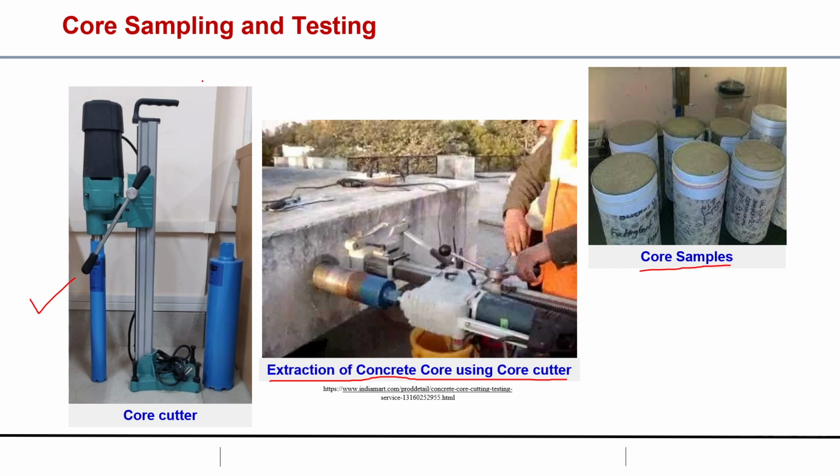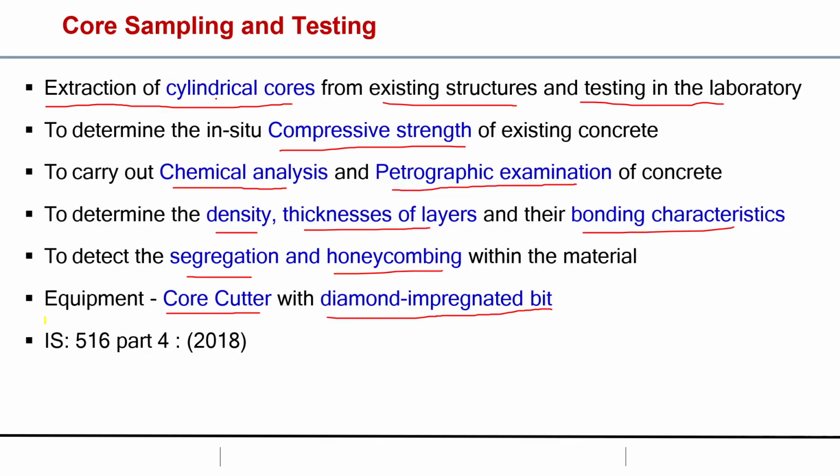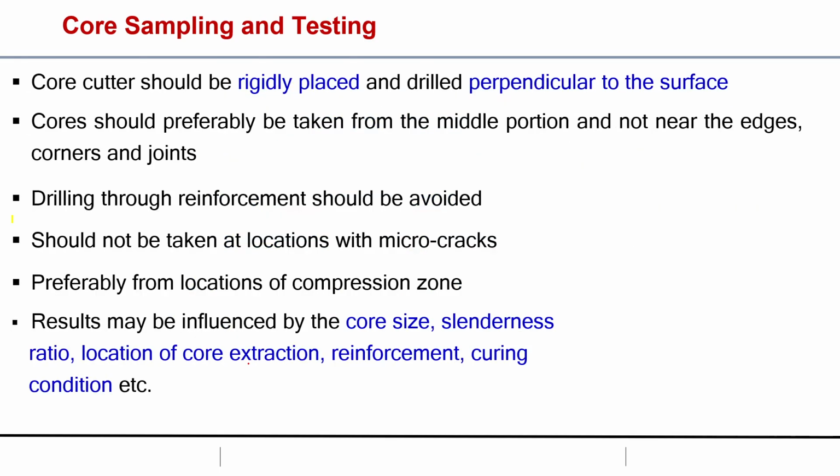Here you can see this is the core cutter machine, and you can follow IS 516 Part 4 2018 for more information related to the core cutting and sampling.